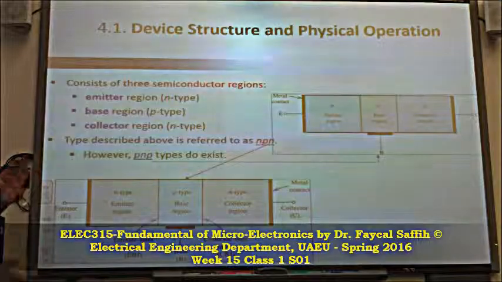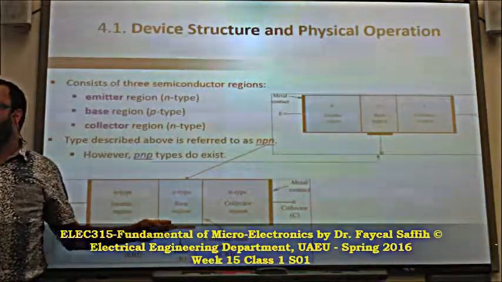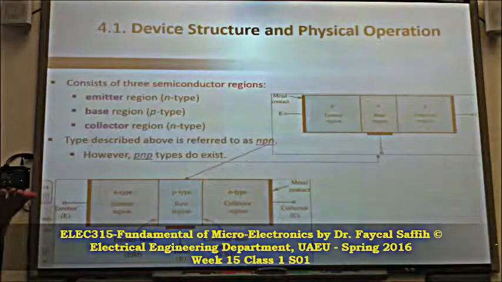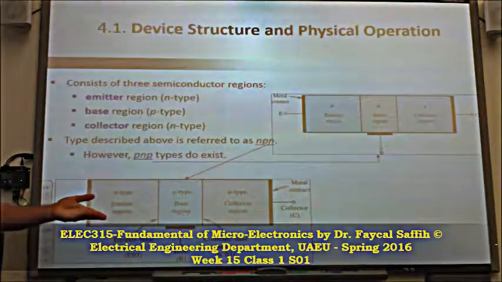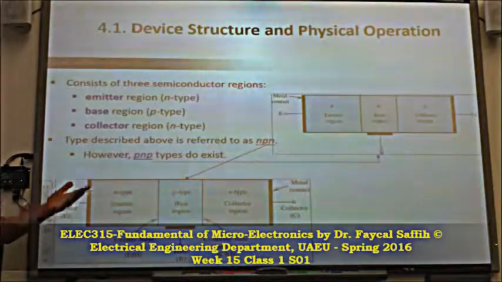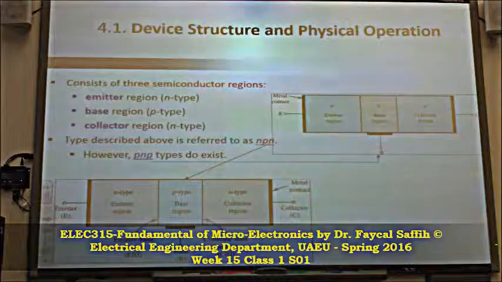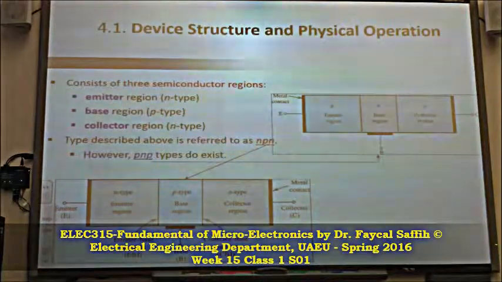When we have two differently doped regions, definitely we'll have a depletion region. What do we call the device when we have one semiconductor region meeting another, one N and the other P?